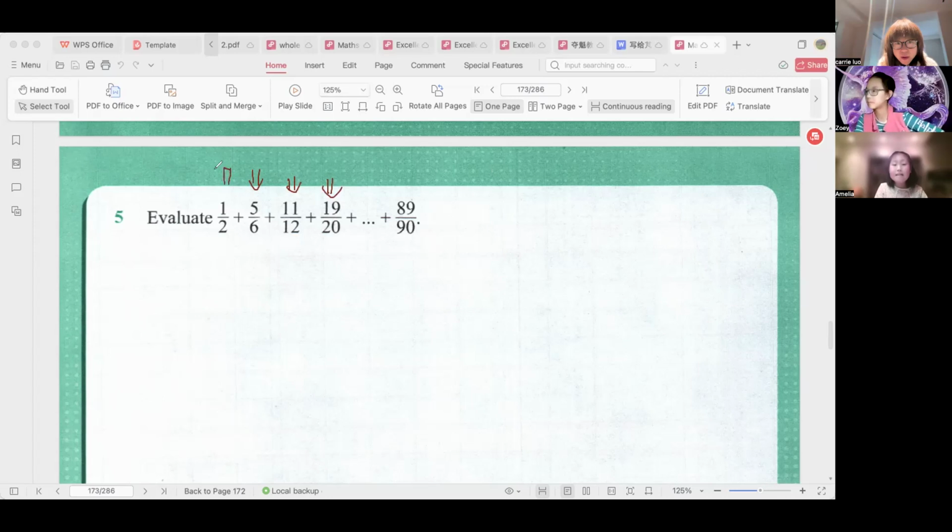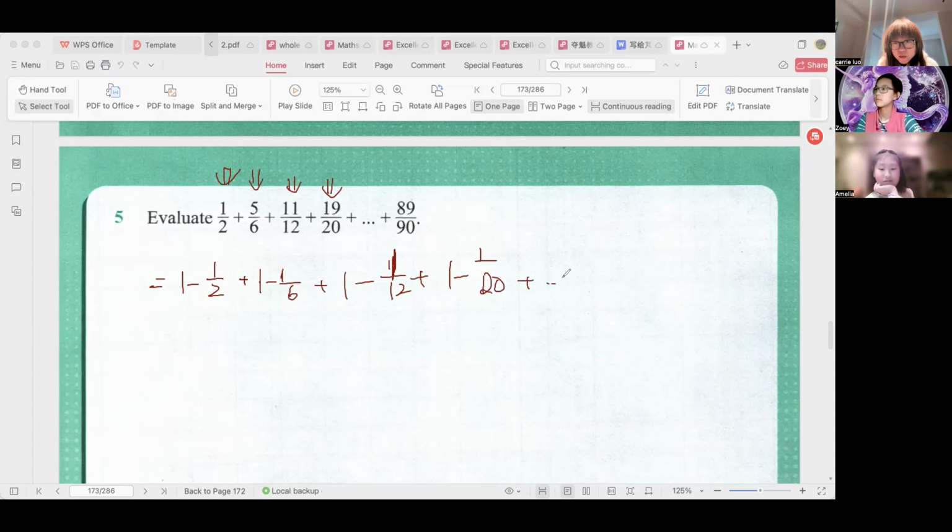This one is just 1 minus this. If you take a look at this one, is it 1 minus half plus 1 minus 1 over 6 plus 1 minus 1 over 12 plus 1 minus 1 over 19? No, sorry, 20. Plus all the way to 1 minus 1 over 90. See?